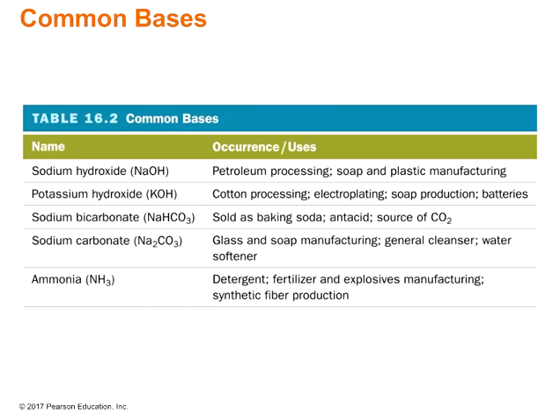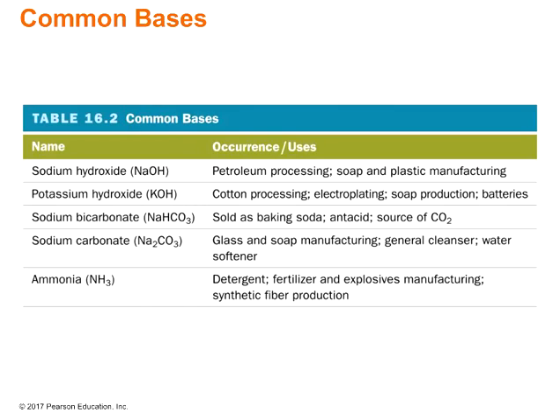All right, now for common bases, and this table can also be found in your textbook. We've got sodium hydroxide to start. This is used in soap manufacturing. Potassium hydroxide is used in electroplating. It's used in batteries.